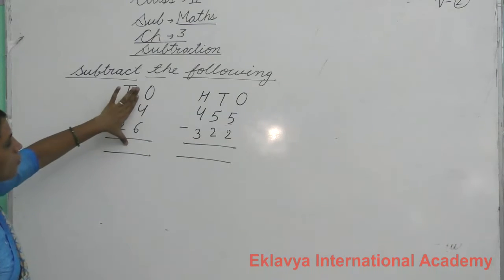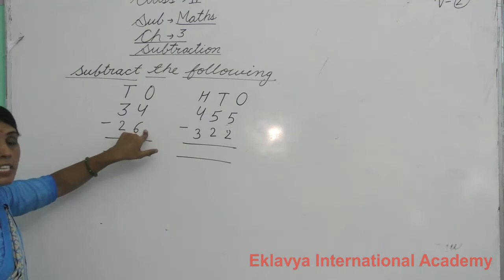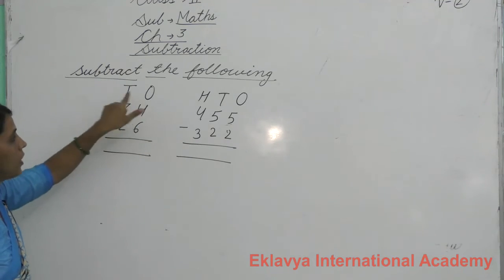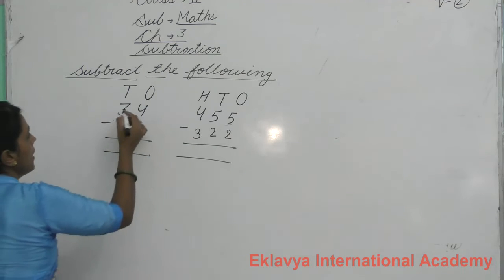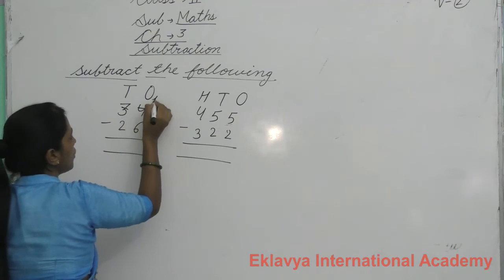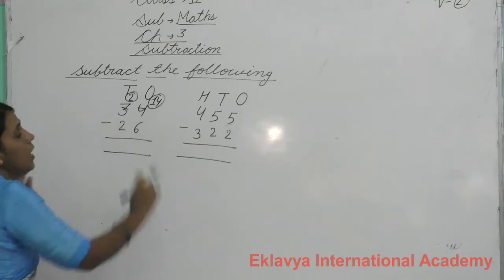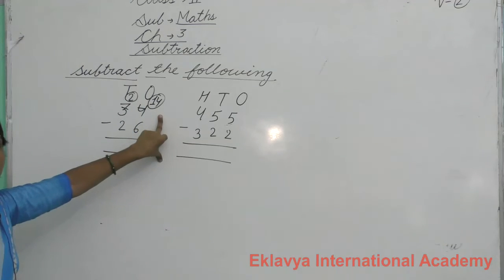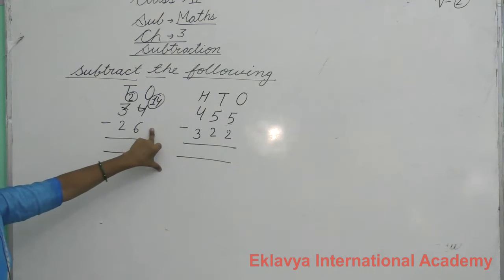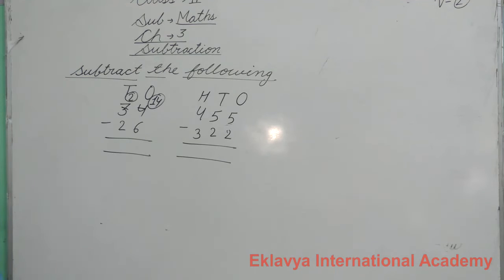We will talk about the 1's place. You have 4 toffees. You want to eat 6 toffees. Can you eat? No. In this condition, we will go to the neighbor. The neighbor has 3 toffees. If we take 1 borrow from them, you have 14 toffees and it has 2 toffees. You have 14 toffees. You want to eat 6 toffees. Can you eat? Yes. How many toffees do you have? 8.